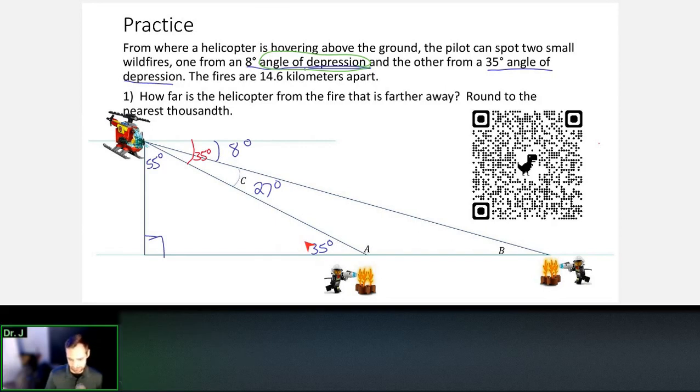Recognizing alternate interior angles is obviously faster because you just look and that's it. Then we have another alternate interior angle. Without doing math, we will find A, but I want to go right to B. What is angle B and why? It's 8. Yep. The alternate interior angle of that is this one right here, the angle of depression. Everyone see this diagonal line intersects these two parallel lines. So 8 and 8, alternate interior angles.